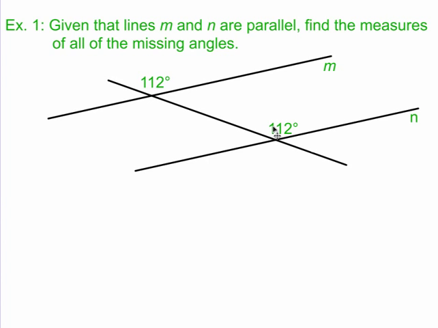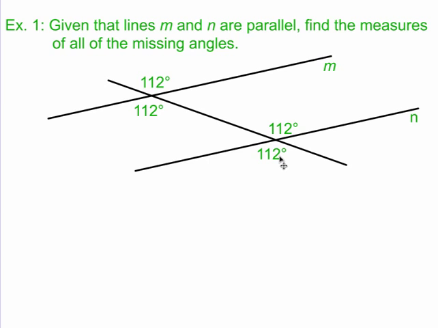Okay, what else can we do here? Well, I can tell you that this angle right here is also going to be 112 because these two angles are alternate interior angles, meaning they're going to be the same. All right. Well, there's one more 112 here. That's this guy.